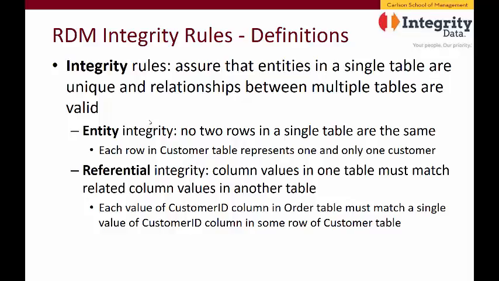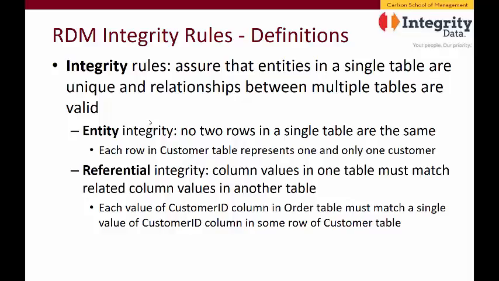A referential or relationship integrity assures us that the values in the common fields of 2 related tables match one another. In particular, for our sporting goods example, each value of customer ID column in order table must match a single value of customer ID in the customer table.